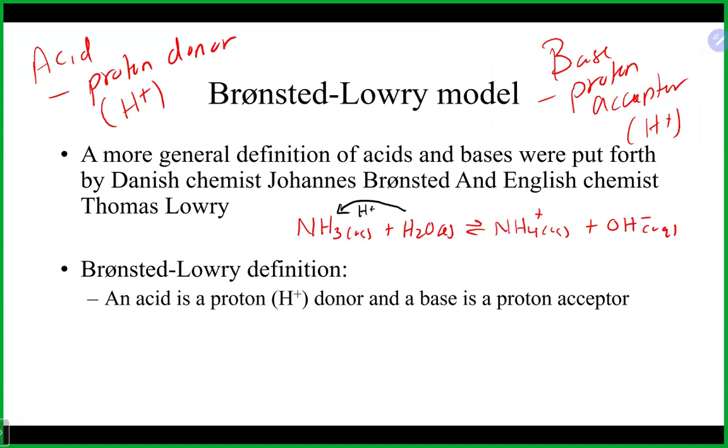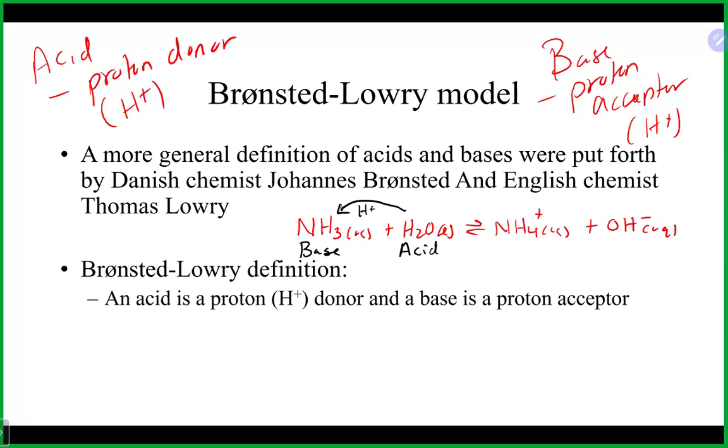So what's happening is the NH3 is accepting the H plus, and that makes the NH3, in this case, our base, because it's the one accepting the H plus. The water, in this case, is donating the H plus, and so the water is going to be our acid.